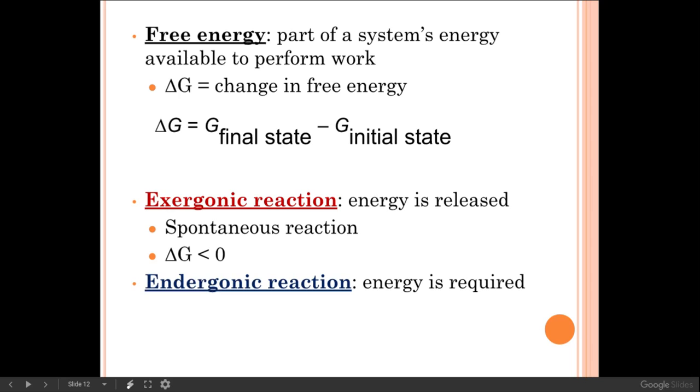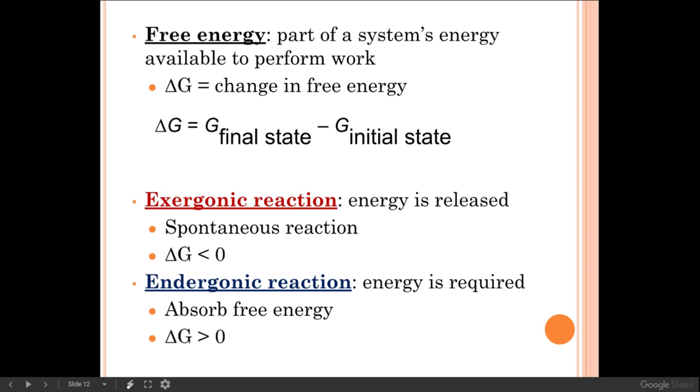Endergonic reactions are opposite of that, and that's energy is required, and it absorbs the energy from the surroundings, and the delta G is going to be greater than 0. The final state of the compounds, the molecules, are going to be greater than the initial state. Therefore, this minus this is going to give us a positive number.